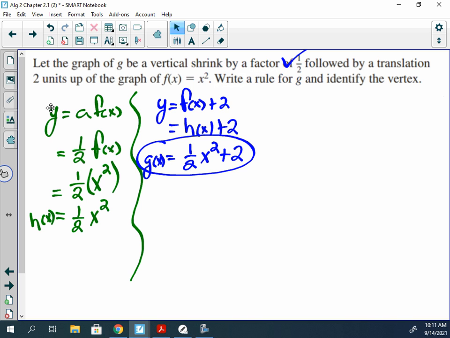Yes? Now, if it had done it the other order, let G be a translation of 2 units up of the graph followed by a vertical shrink by a factor of 1/2, it would be different. Because remember, with our vertical shrink and stretch, it applies to everything in the function, the overall function.